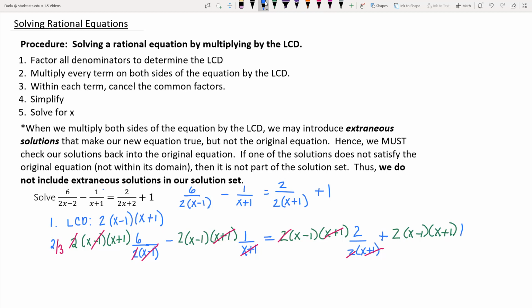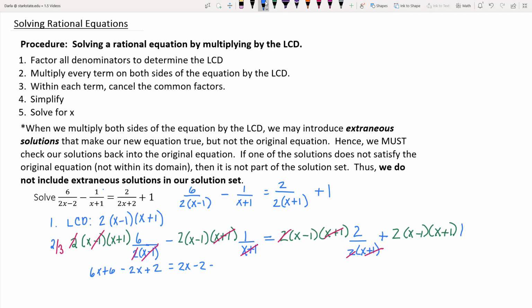So 6 times x plus 1 is 6x plus 6. Negative 2 times x minus 1 is negative 2x plus 2, so don't forget to distribute that negative, equals 2 times x minus 1, which is 2x minus 2.